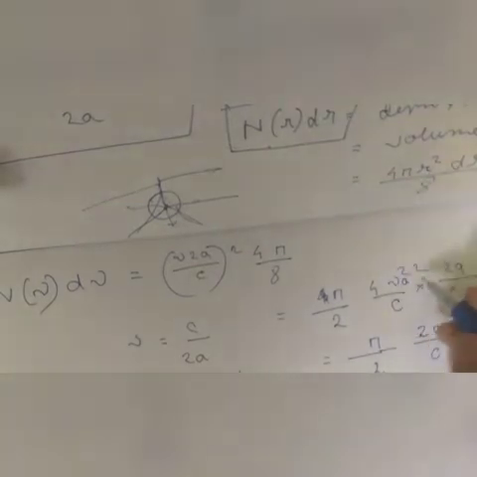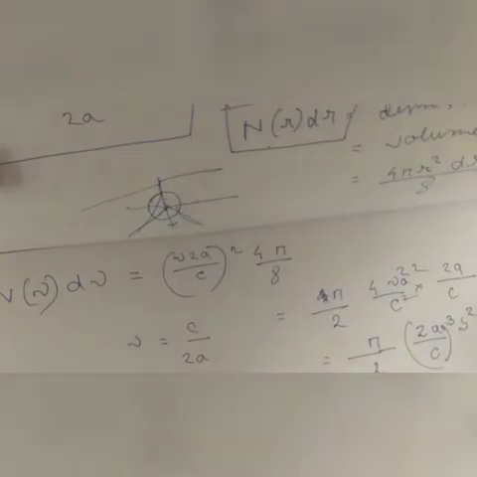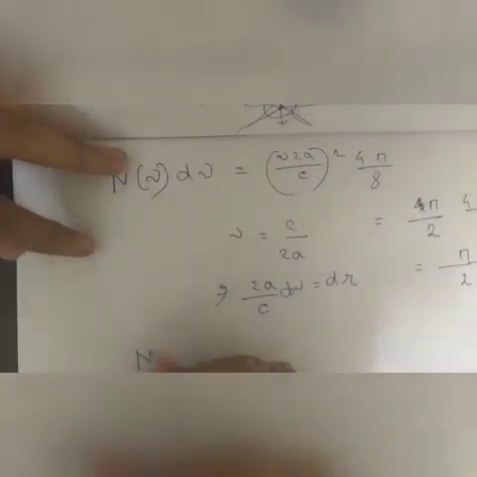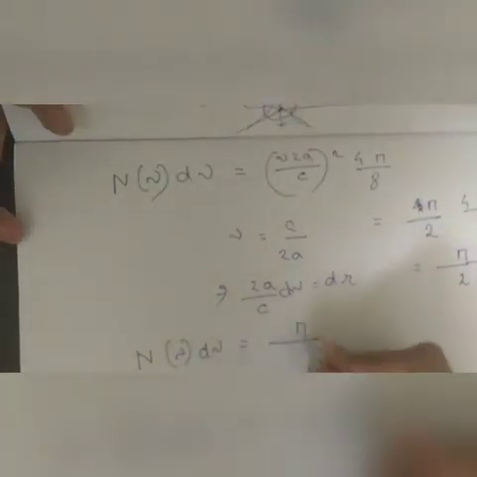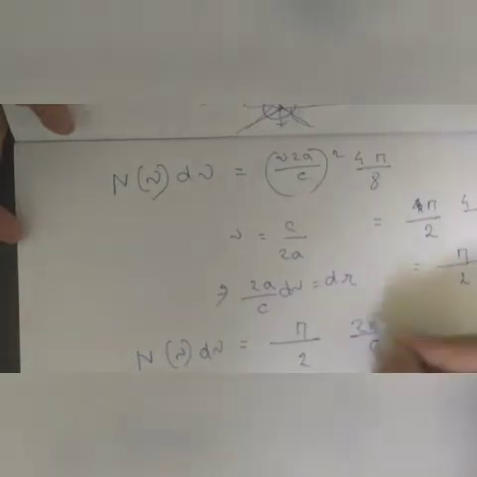It was square, it will be cube, then nu square term is there, and d nu. So we have derived the number of allowed frequencies in the frequency range: pi by 2, twice a by c, whole cube, nu square d nu.